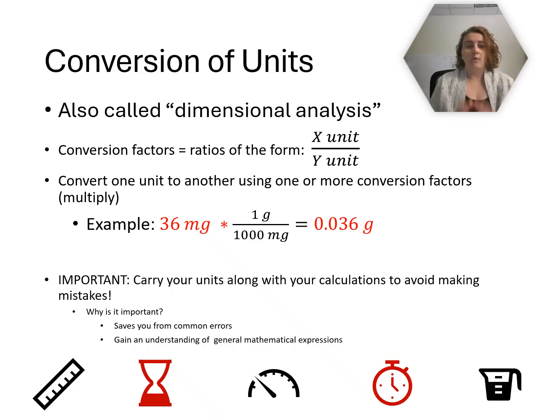They're used to convert one unit to another, and you can use multiple different conversions to do the dimensional analysis. As the example on the screen shows, you can take 36 milligrams, use the conversion factor of 1 gram is equivalent to 1,000 milligrams, and you find that there's 0.036 grams of that sample. That's a very simple dimensional analysis we can perform.